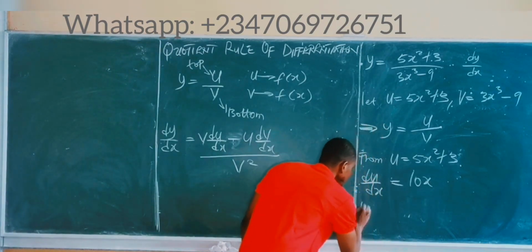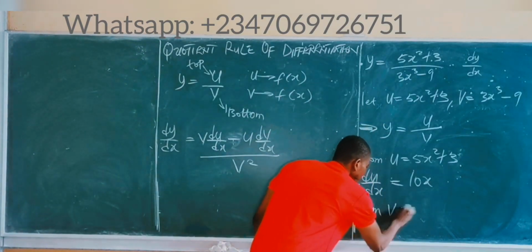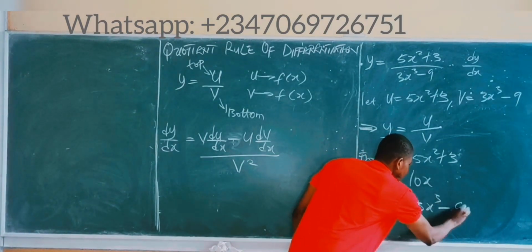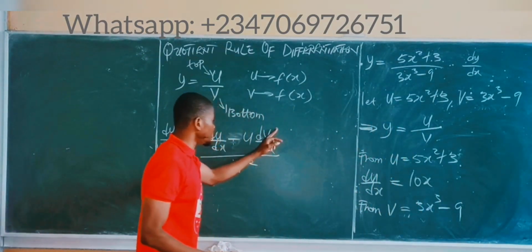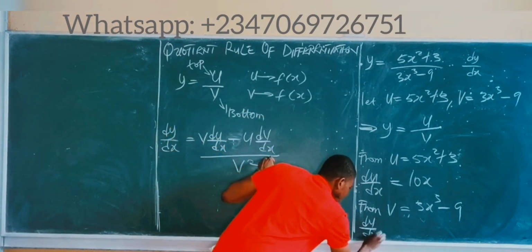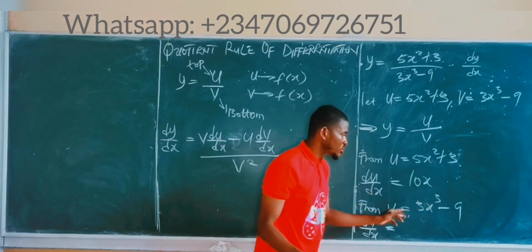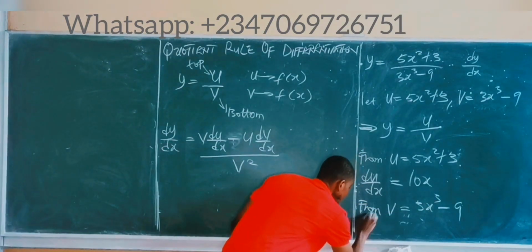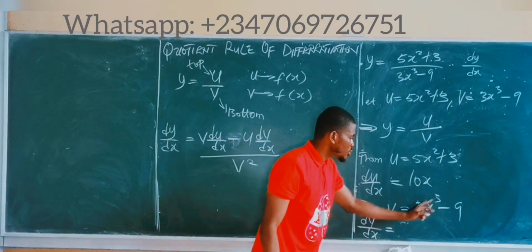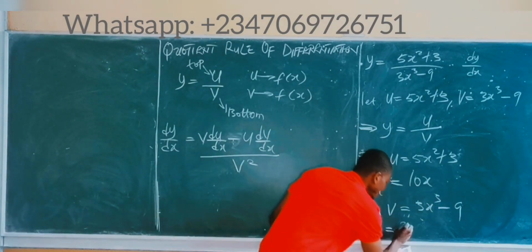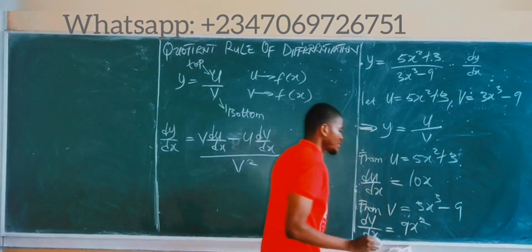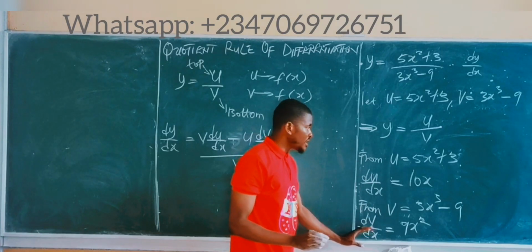Also from v equals 3x cubed minus 9, we need to find dv/dx. Use the power to multiply the variable: 9x, then subtract from the power, that's 9x squared. So this gives us dv/dx.